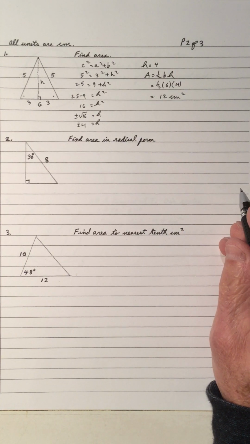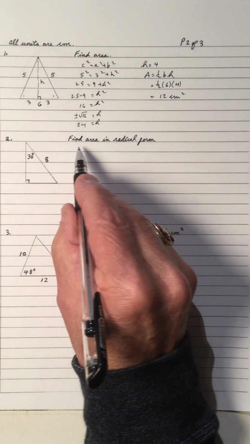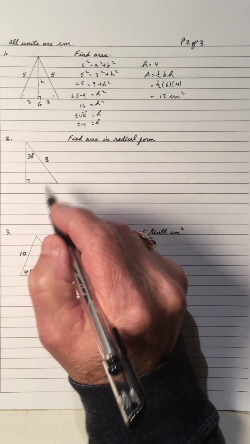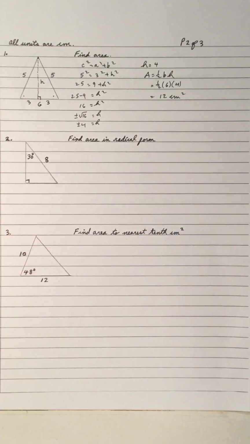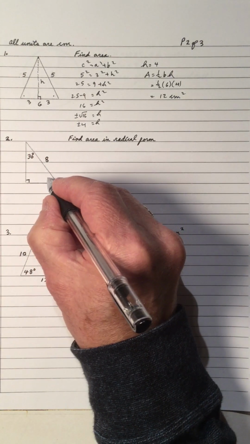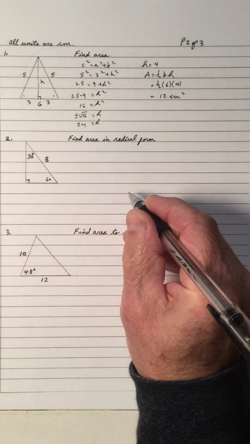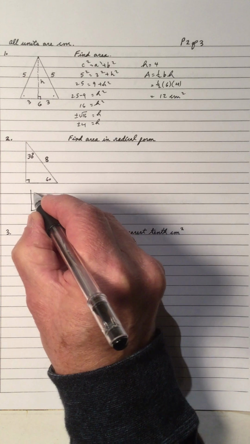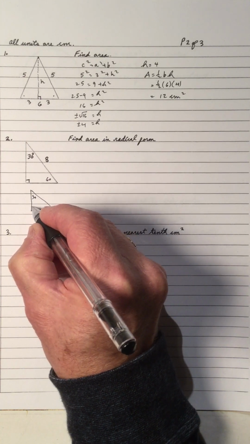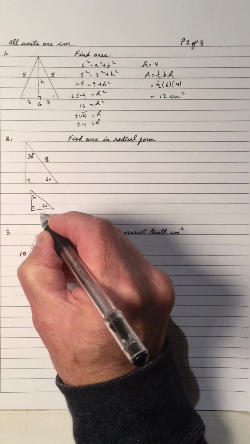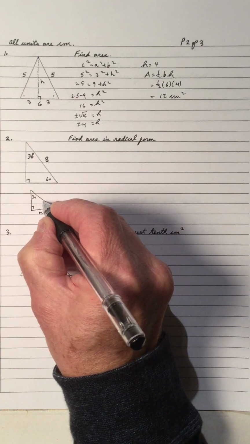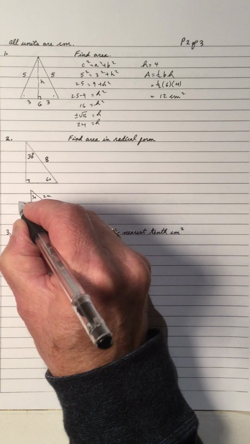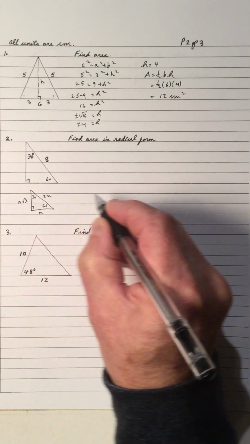Sometimes in trig, we can find the area in radical form when we have this sort of triangle. Notice we have a right triangle with a 30-degree angle, so that makes this a 60-degree angle. One of the special right triangles is the 30-60-90: opposite the 30 is n, opposite the 90 is 2n, and opposite the 60 is n root 3.